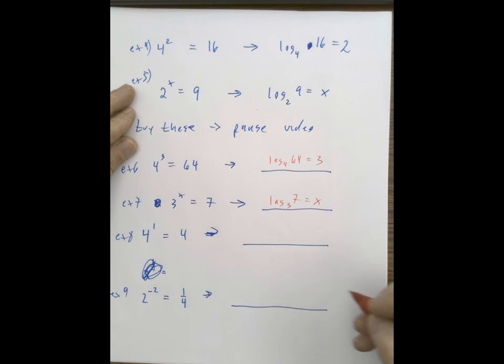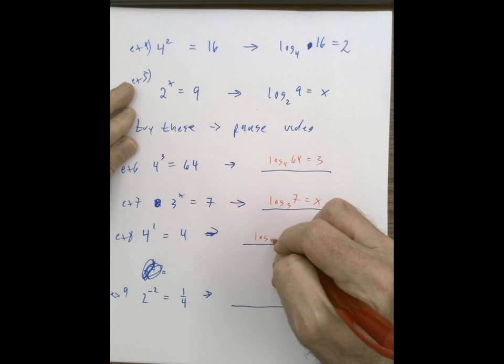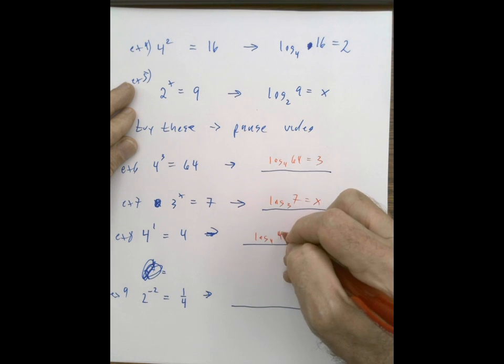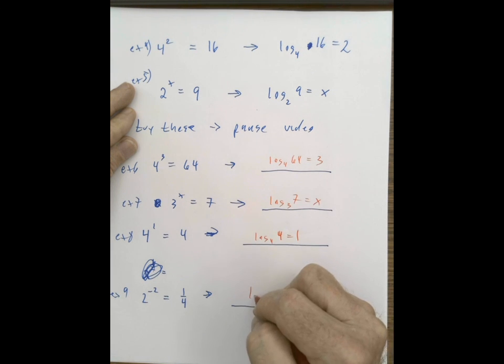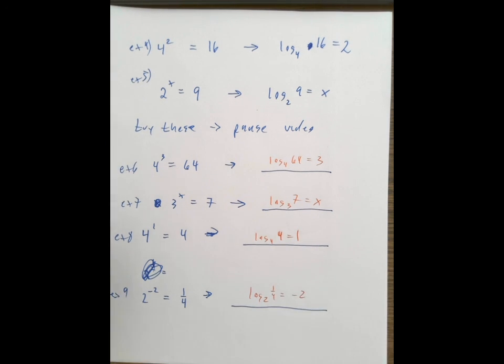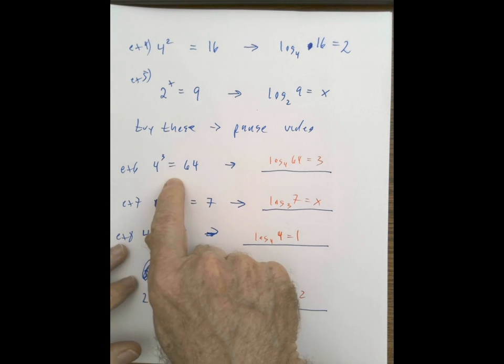This one is log base 4 of 4 is equal to 1. This one is log base 2 of 1/4 is equal to negative 2. Okay? And again, as you see, it's just turned around. Alrighty? Okay, so that's the first part where we're changing exponents to logarithms.